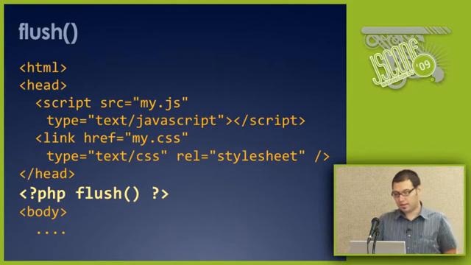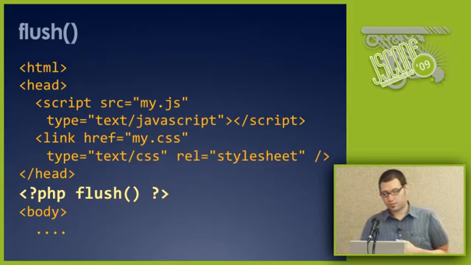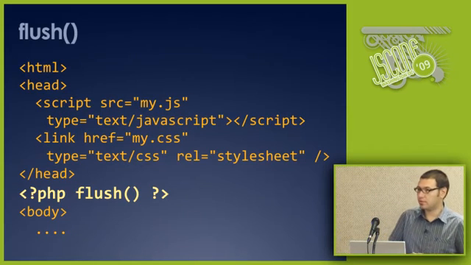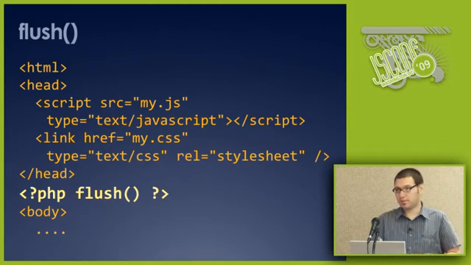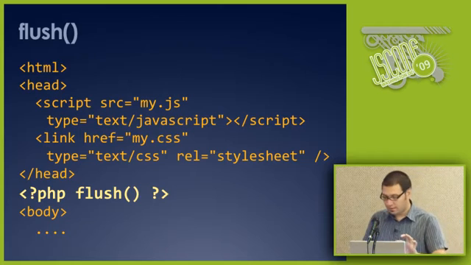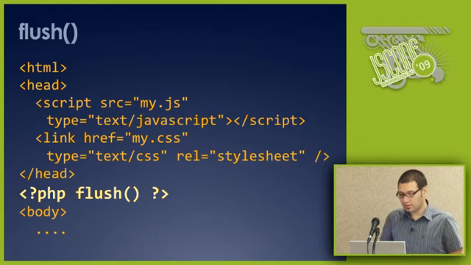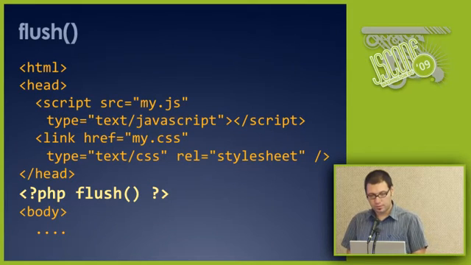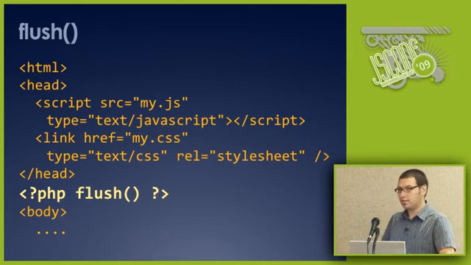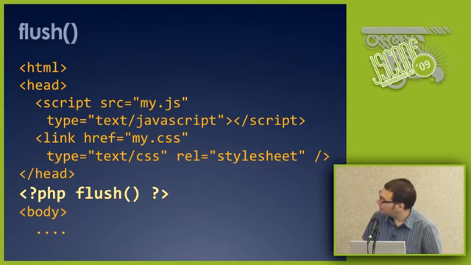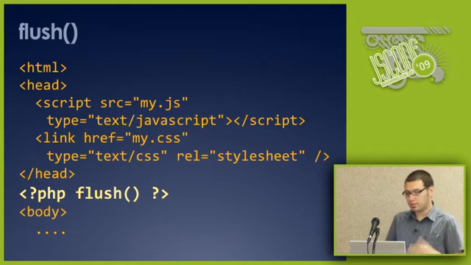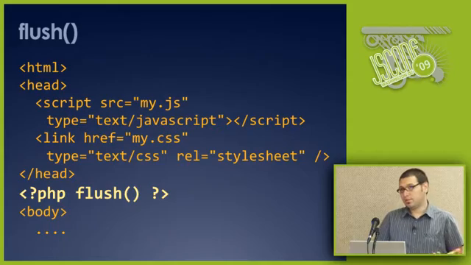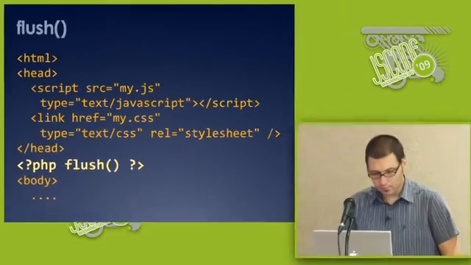In the head of your document, you can refer to your JavaScript, your CSS, and because it doesn't have any logic here, nothing complex, it's all just static files, this can be done instantaneously. And then as the server is working on the full response, the browser can start loading components instead of just sitting idle.